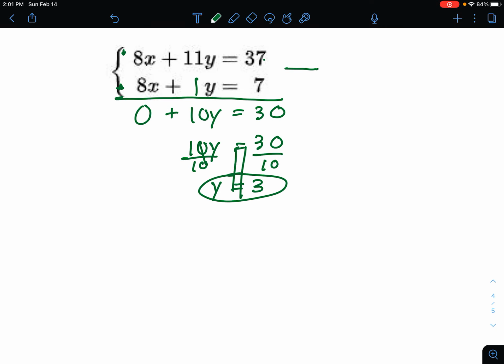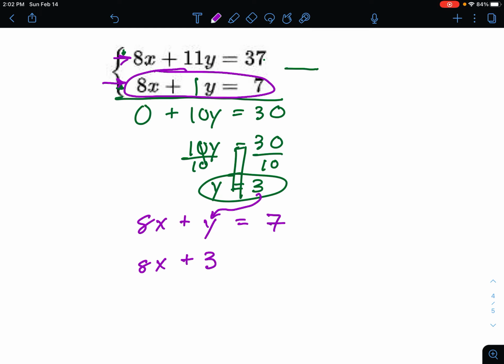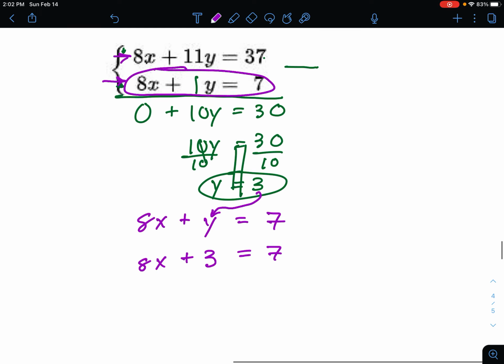And then just like I did before, look back at each one of the original equations and decide, okay, which one would it be easier to plug it back into and solve for the other variable? You can do it for either one. We have all plus signs here, which is nice. I'm going to actually take the second equation. So I'm going to take 8x plus y is equal to 7. And then remember, I'm going to plug in the y value of 3. So that means 8x plus 3 is equal to 7.